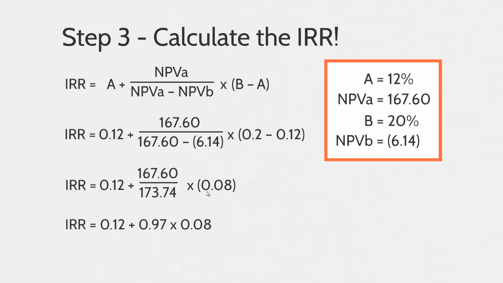So 0.12 plus 0.97 multiplied by 0.08. Remember that multiplication comes before addition, so that's 0.97 multiplied by 0.08 plus 0.12, giving us 0.1976. Multiply that by 100 to get the percentage, and that's an internal rate of return of 19.76%.